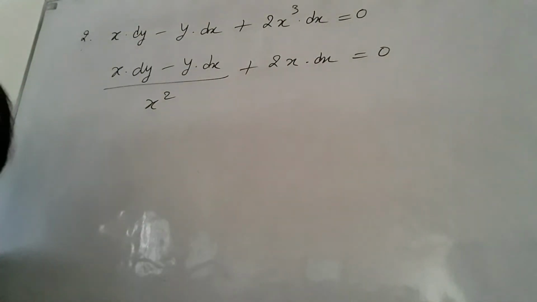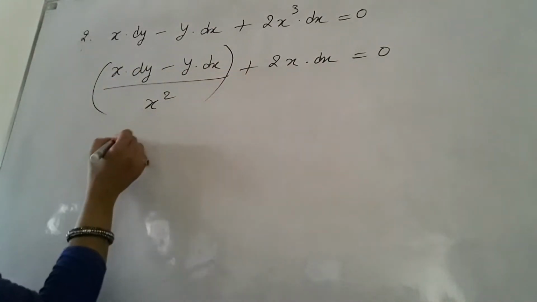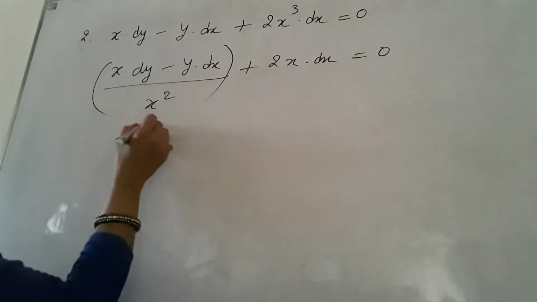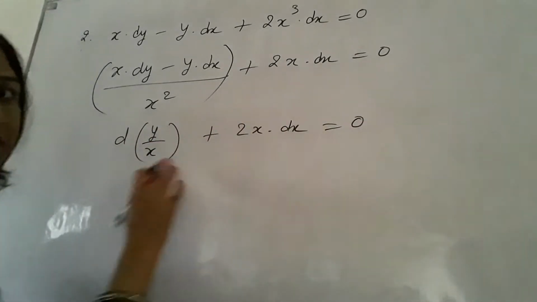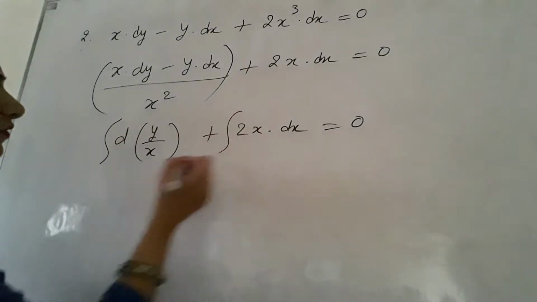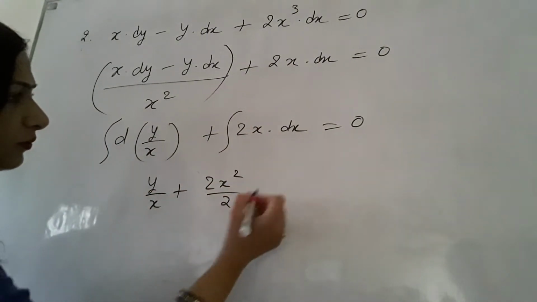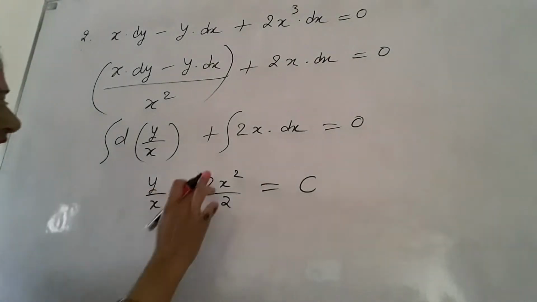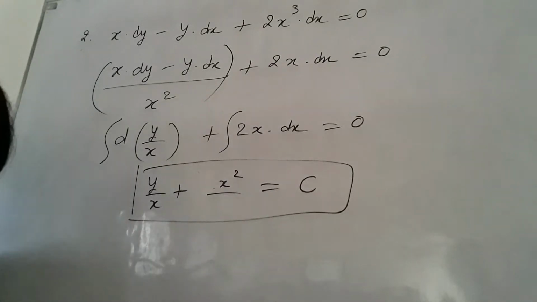We have divided the whole equation by x square. Here we see that it is the differentiation of y upon x. So, we can write it as, and integrating this we get y upon x plus 2x square upon 2 is equal to c. Cancelling this 2 by 2, we get the required answer.